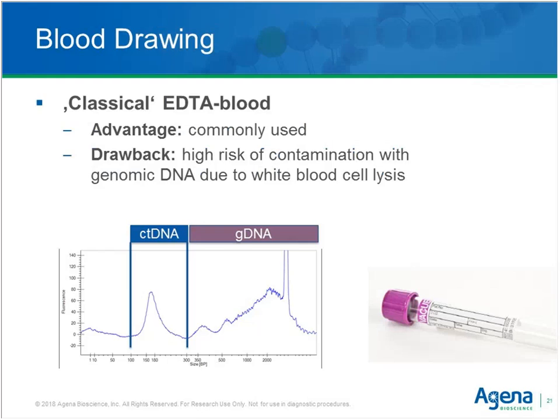However, the drawback is that it bears a high risk of contamination with genomic DNA due to the potential lysis of white blood cells, especially if it takes a longer time before you can further process the sample and that process cannot be controlled properly, as we will see on the slide after the next.